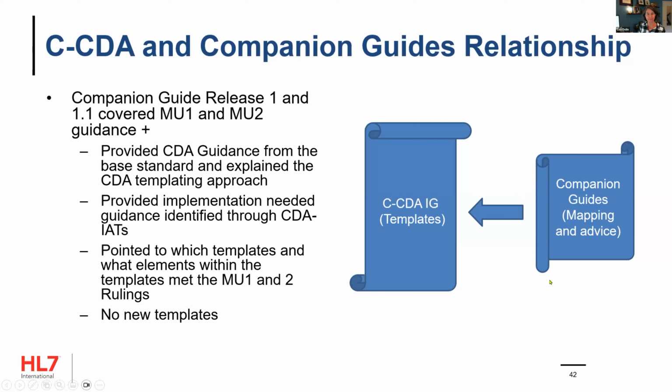The companion guides point to CDA templates and say where the Meaningful Use and USCDI data elements are represented. The first one, release 1 and 1.1, covered Meaningful Use 1 and 2 but added no new templates.